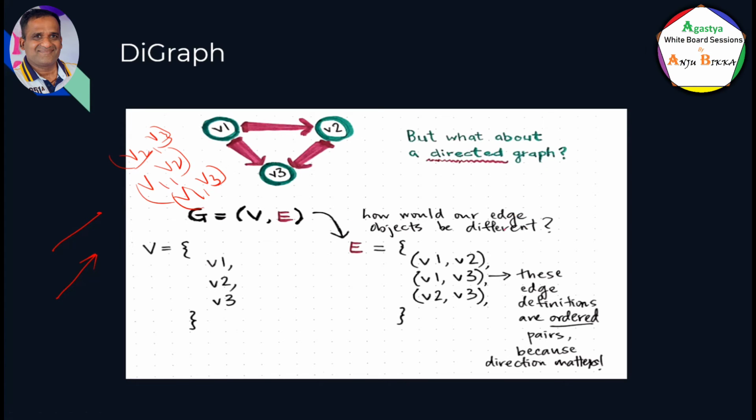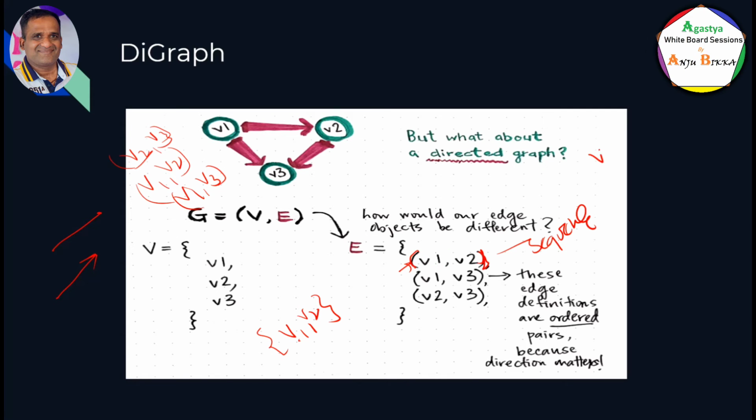Previously, in an undirected graph, we used a set to represent an edge, V1, V2, because the order is not important. Either we can write V1, V2 or V2, V1. But here we use a sequence, and in a sequence the order is important.